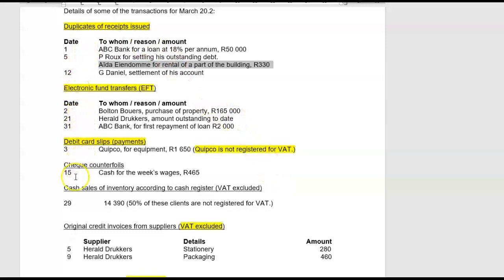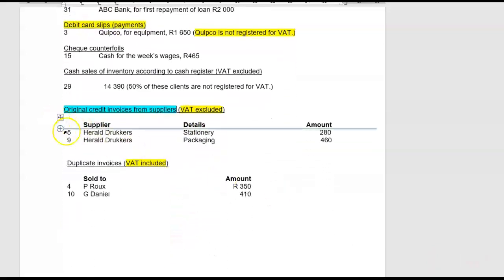Great. Also on the 1st, there was an original credit invoice from the suppliers. That credit invoice means that we have purchased something. So we've purchased stationery here for an amount of 280 Rand.